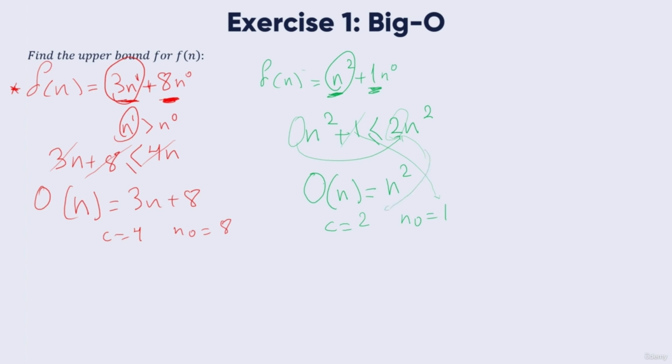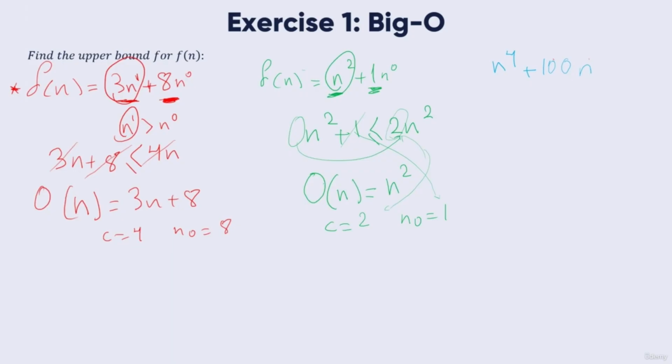We are going also to make an example 3. So, find the upper bound for the function n to the power 4 plus 100n squared plus 50. Okay? So, please guys, think about it.